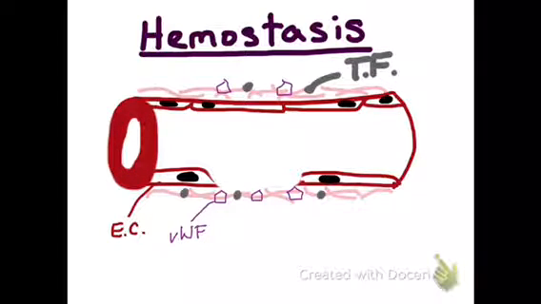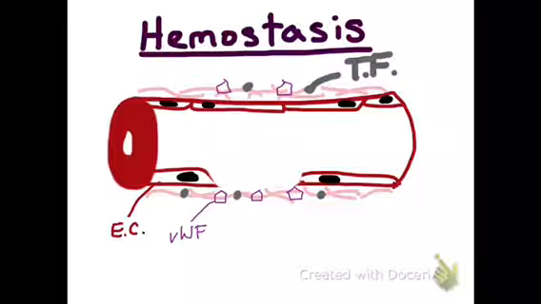So the blood vessel constricts, and it does so to reduce the amount of blood that goes to the site of vascular injury. So thereby it reduces the amount of hemorrhage at the site. But that effect is only transient, it's not long-term. So some other process has to go on to stop bleeding at the site of vascular injury.